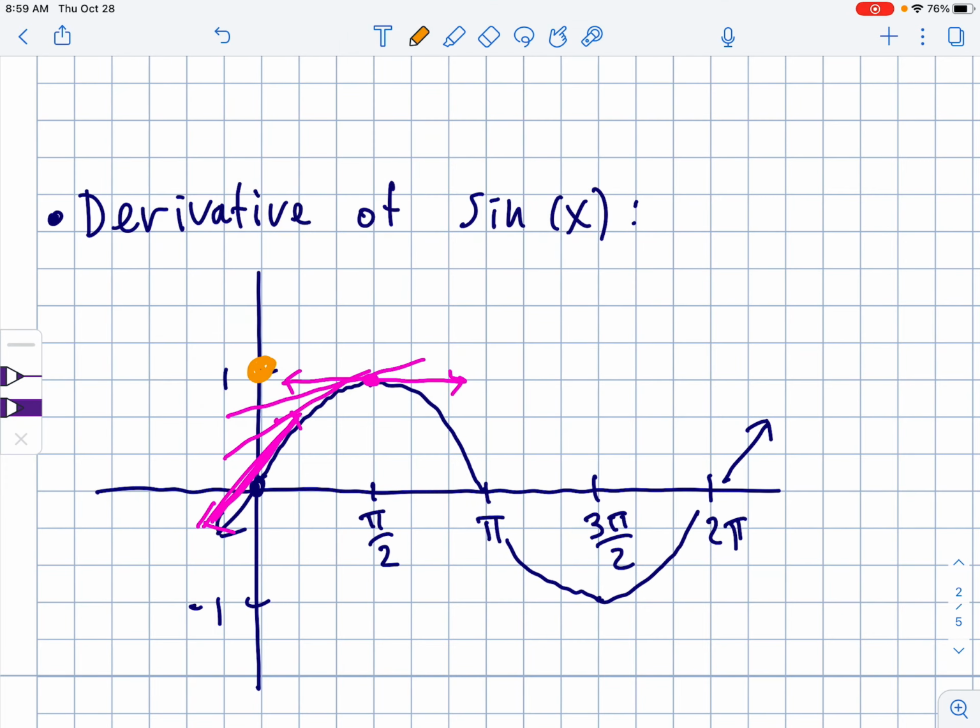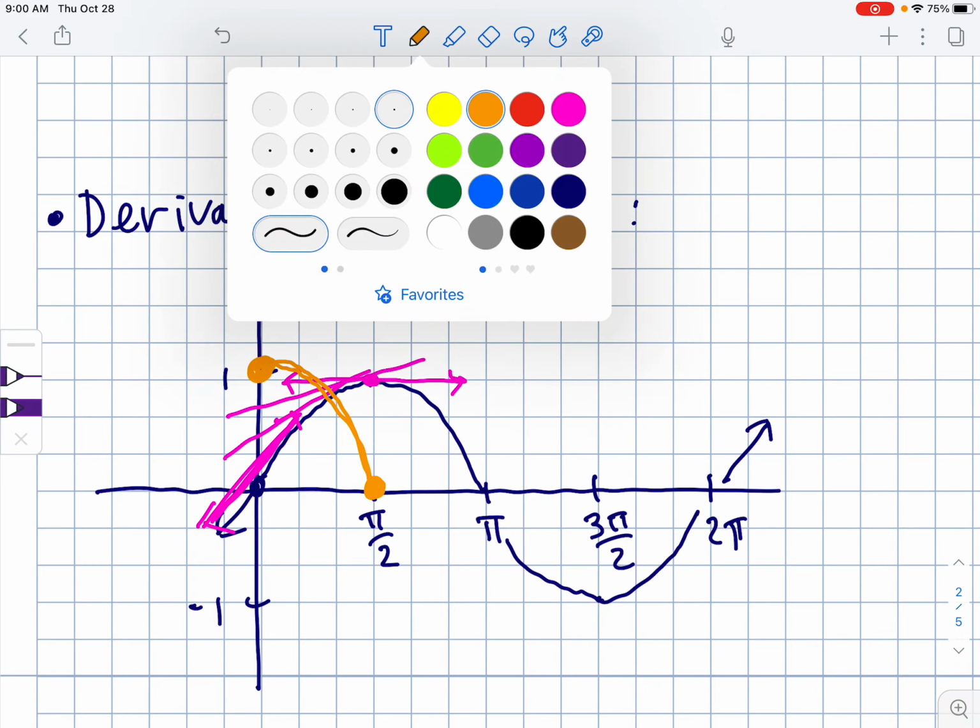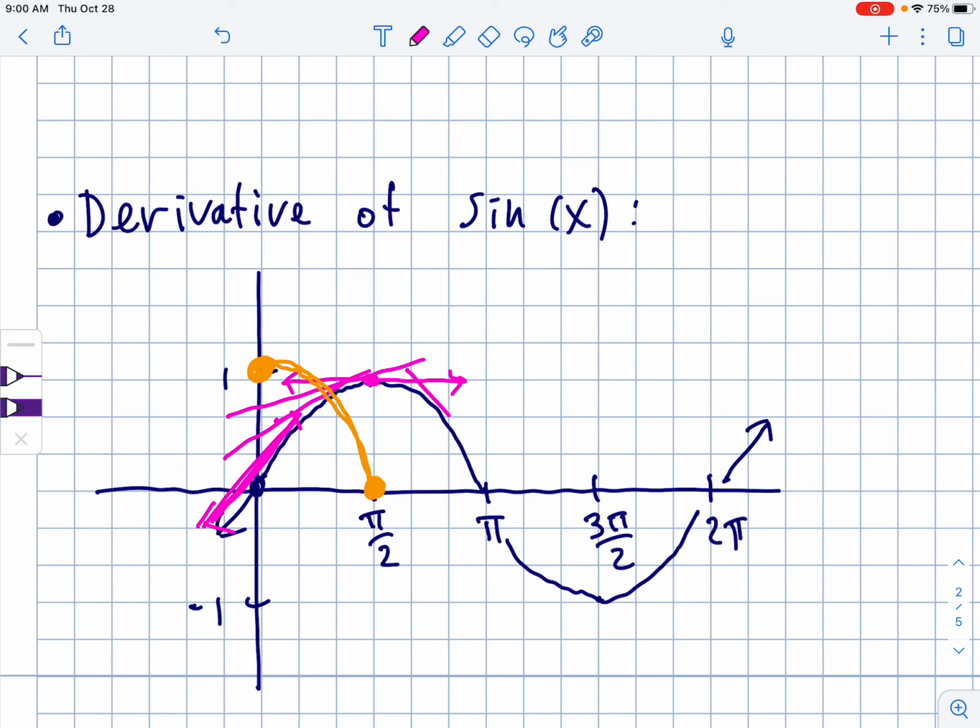Which means that at pi over 2, we have a slope of 0. So slopes start off at 1 and then go down to 0. Then the slopes turn negative from pi over 2 to pi. And then at 3 pi over 2, if I was to draw these in, they're negative, negative, negative, negative.